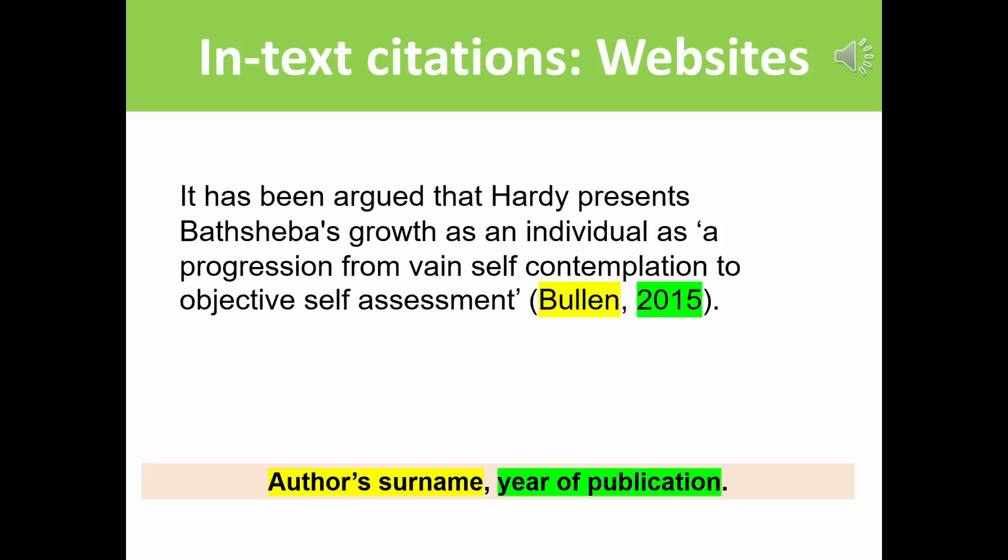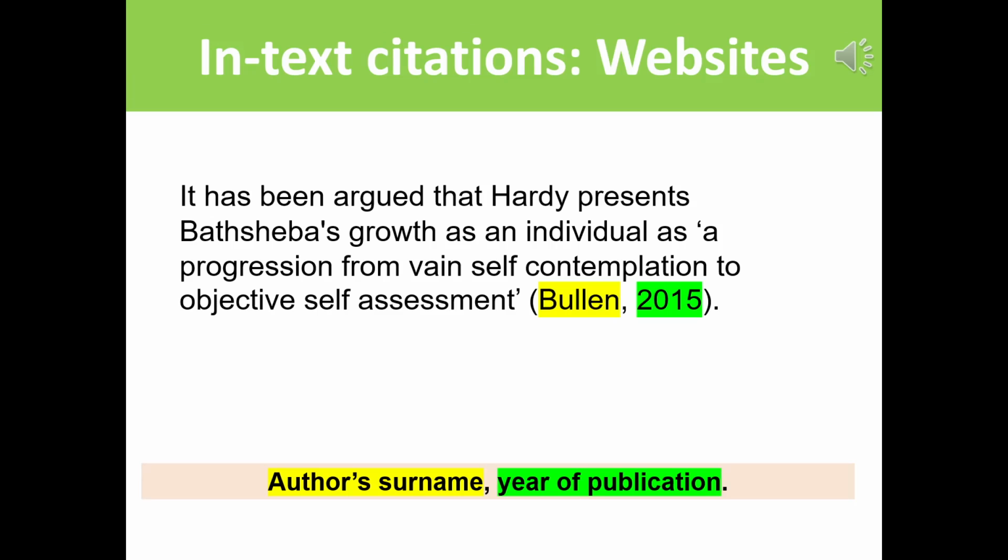So it has been argued that Hardy presents Bathsheba's growth as an individual as a progression from vain self-contemplation to objective self-assessment. So the in-text citation comes immediately after the quote from my online source. In brackets, again, we start with the author's surname, so in this case, Bullen, then a comma, and then the year of publication. And you should be able to see the year of publication on the web page if it is a reputable online source.